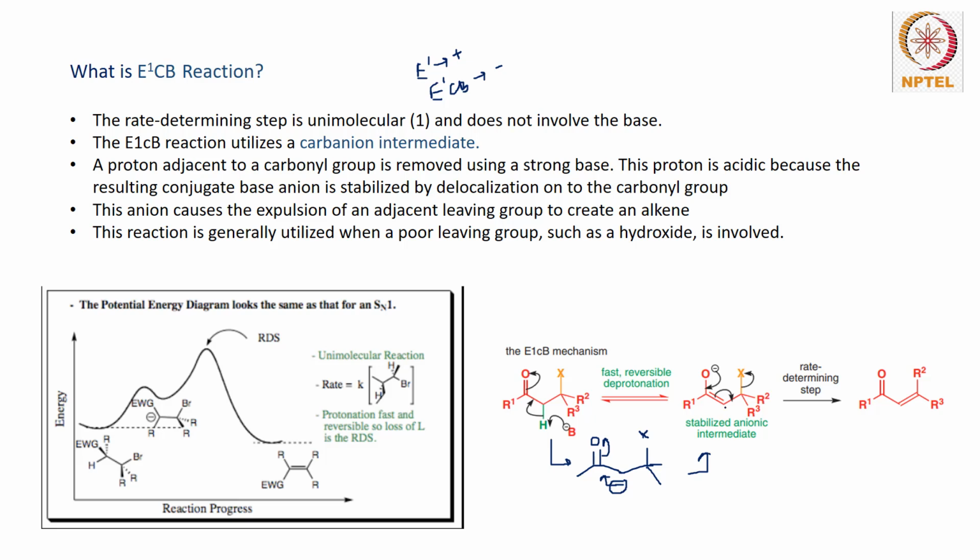And now through this type of extended conjugation, this leaving group will get removed from the system and we will get our expected double bond.